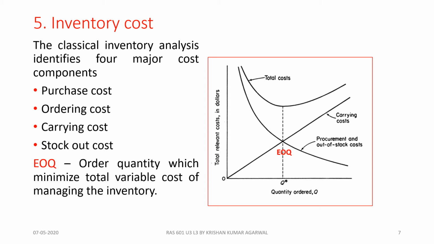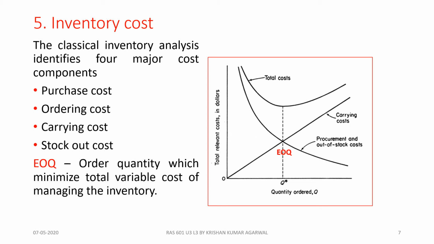And here you can see the diagram which represents the relation between the different kinds of cost, that is carrying cost as well as procurement cost or ordering cost. You can see the total cost curve also shown, representing the total cost of maintaining the inventory within the plant.